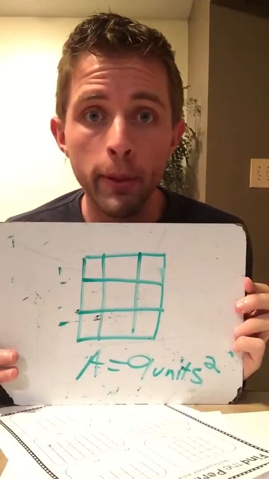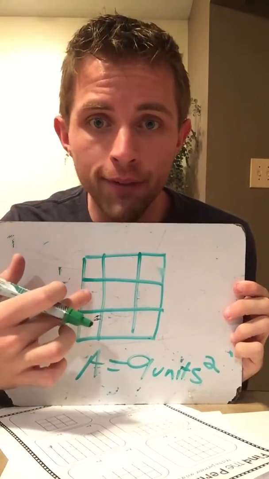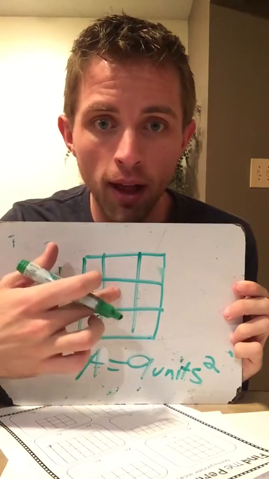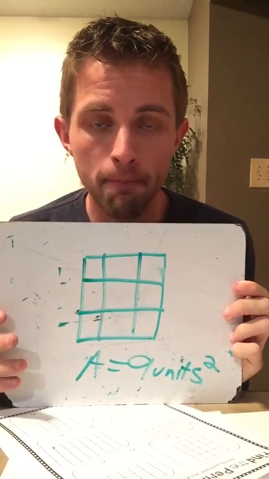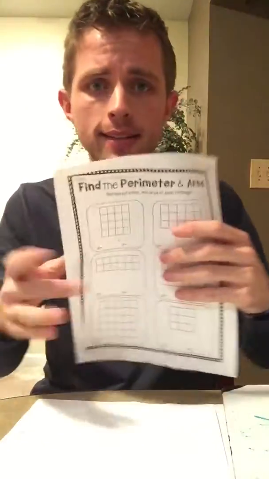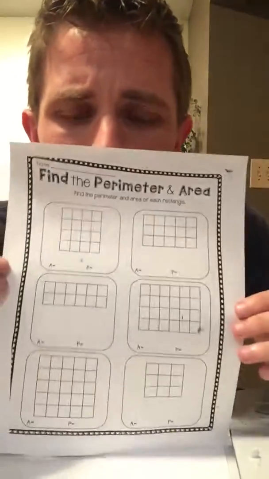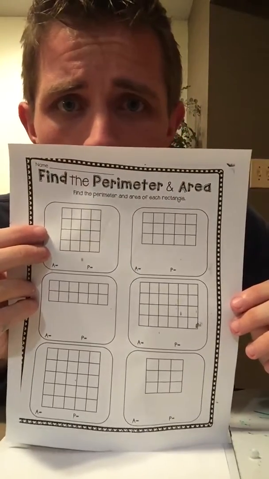Okay? You with me? So for area, all you have to do is count the blocks that are on the inside. Okay? Now, for this Dragon Day, it's really pretty simple, guys. You have these blocks that are tiled. You see that?